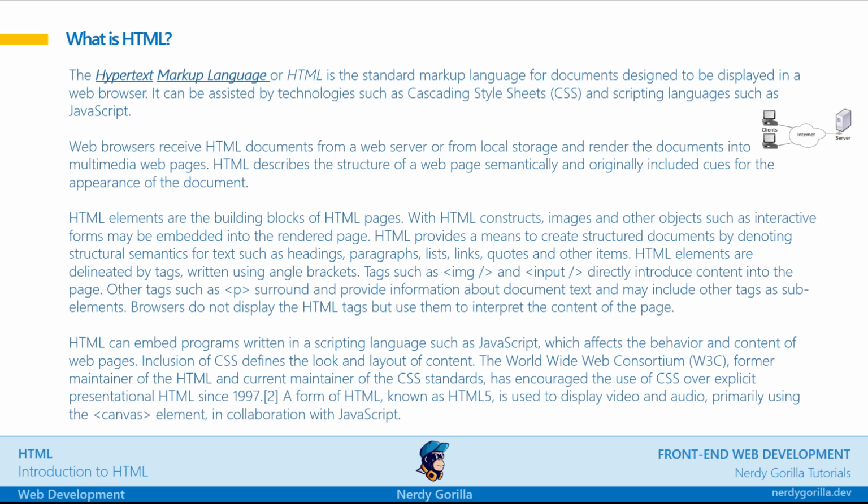The World Wide Web Consortium, W3C shortly, former maintainer of HTML and current maintainer of the CSS standards, has encouraged the use of CSS over explicit presentational HTML since 1997. A form of HTML known as HTML5 is used to display video and audio, primarily using the canvas element in collaboration with JavaScript. This definition was quoted from Wikipedia.